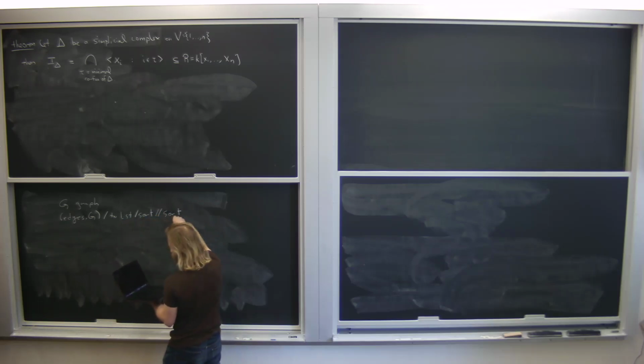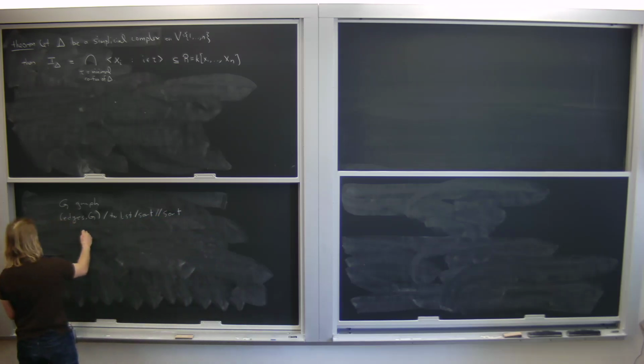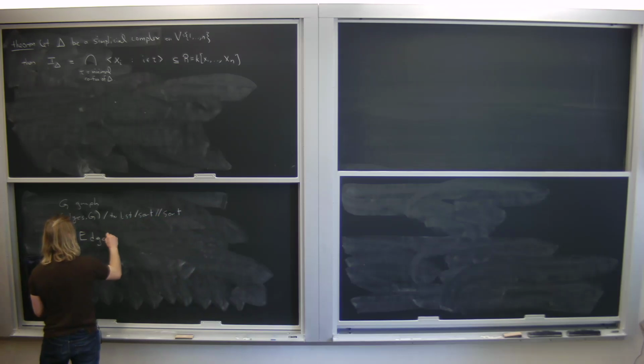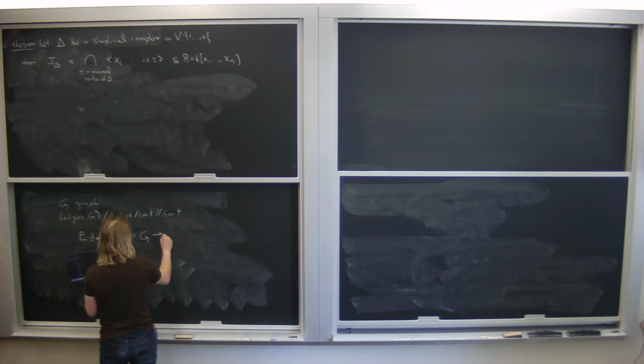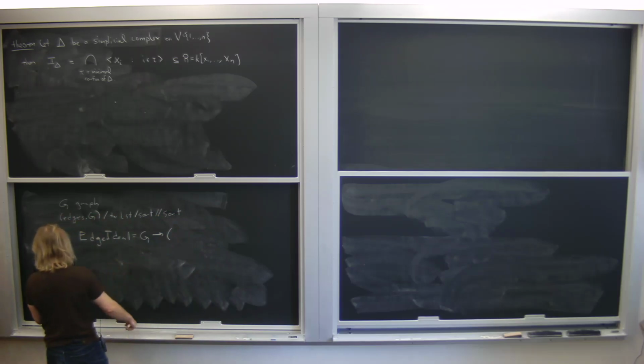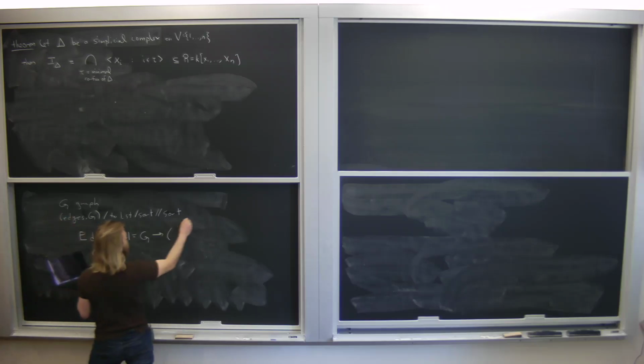So this is an important piece, and so I created a function edgeIdeal. What this function eats is a graph G, and it spits out a whole bunch of stuff. The first thing that I did was create an edge set. So EG is equal to, I'm going to call this guy star.